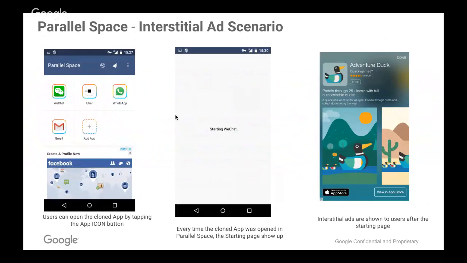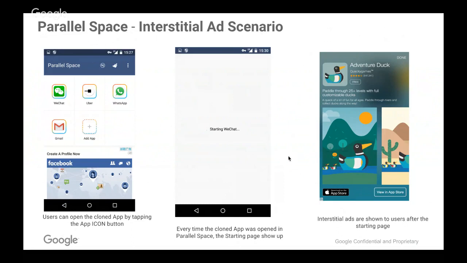In the first image, you can see that after the user opens the clone app by tapping on the app icon, every time the clone app is opened in Parallel Space, the interstitial will be shown after the starting page of the app.